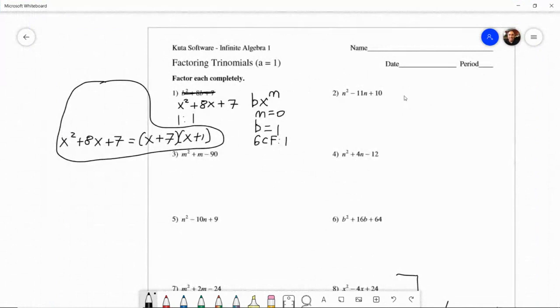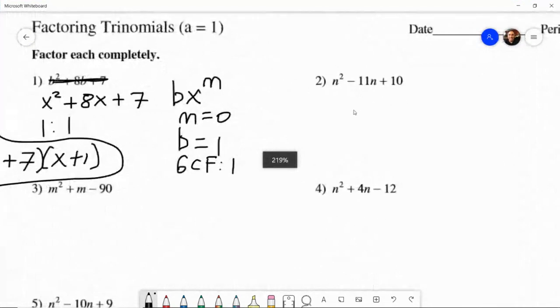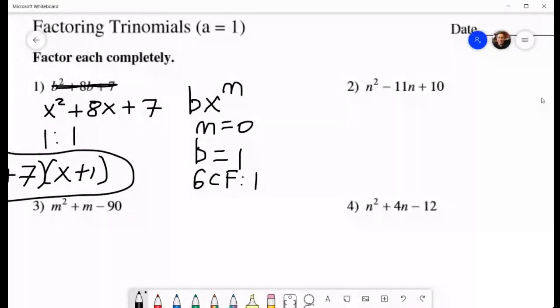There we go. Okay, let me see if this works. Yes. Getting the hang of this. Awesome. Because again, in the other class I was doing something wrong and Microsoft Whiteboard was acting funny. So anyway.